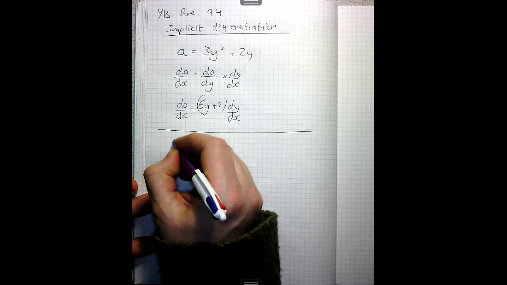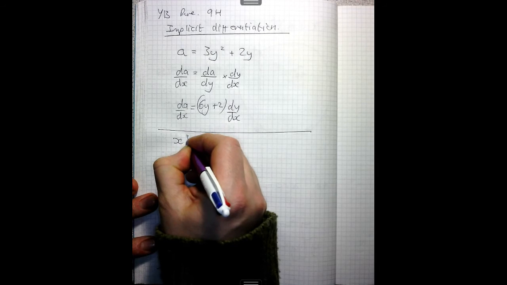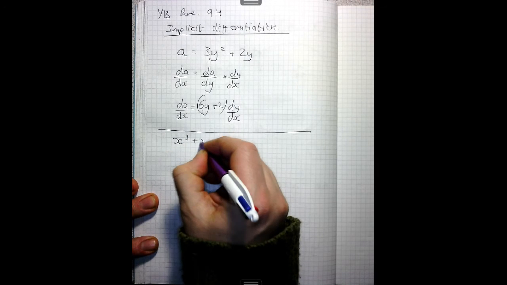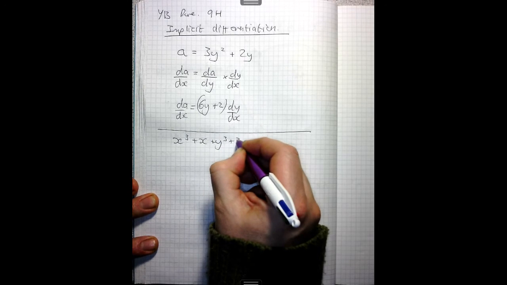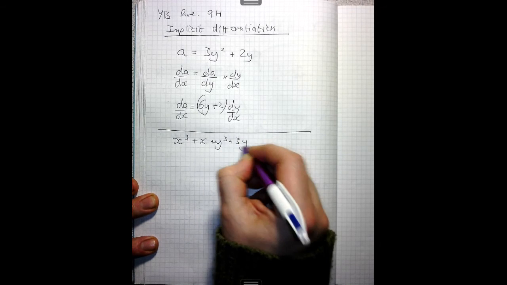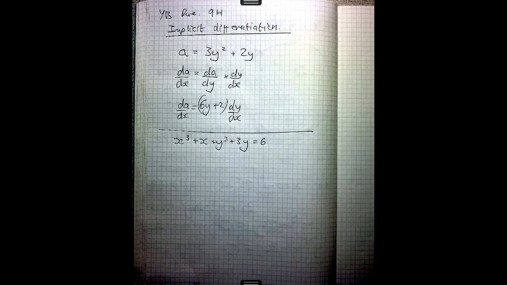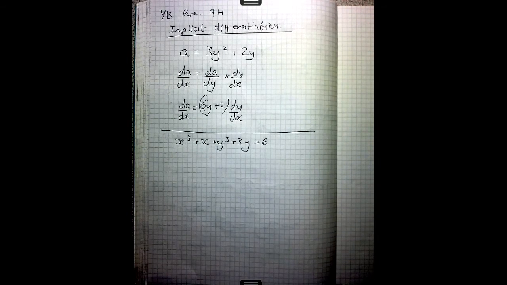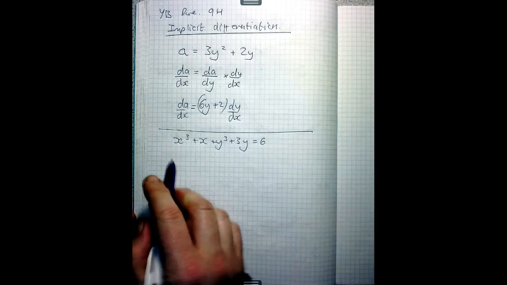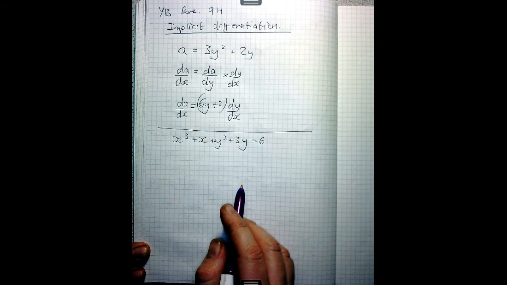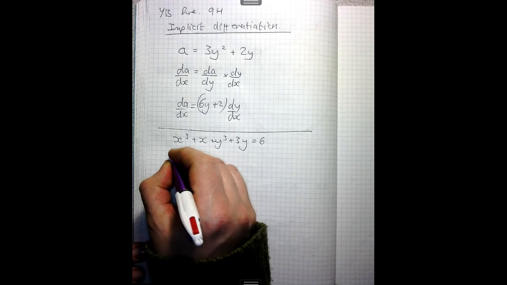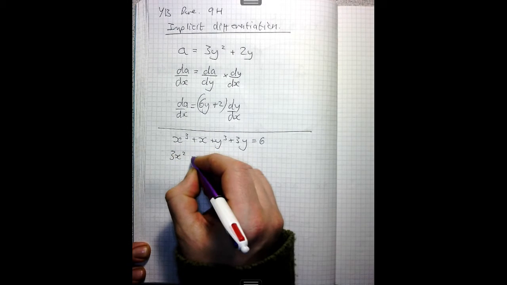For example, if I have x cubed plus x... okay, so what I'm saying is I'm going to differentiate through with respect to x. So this bit's straightforward enough. Differentiate with respect to x.